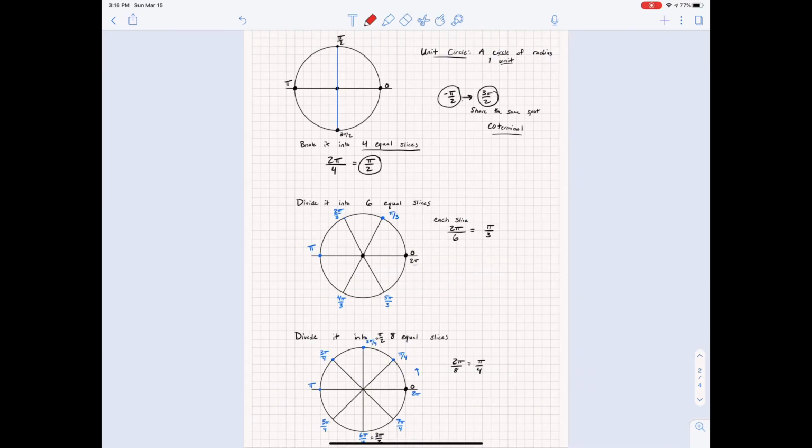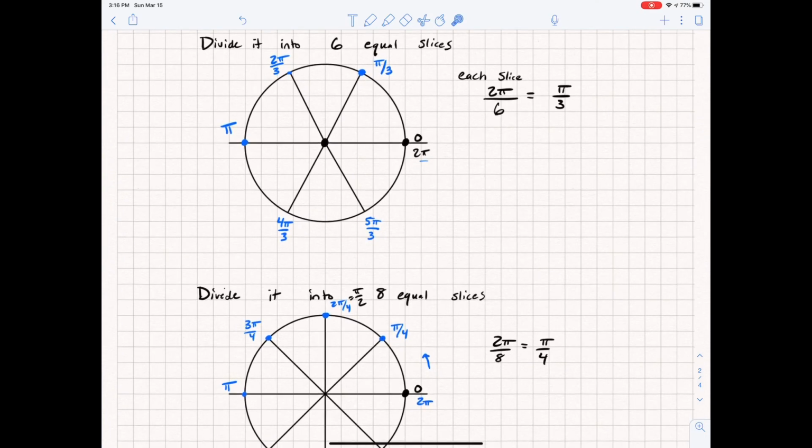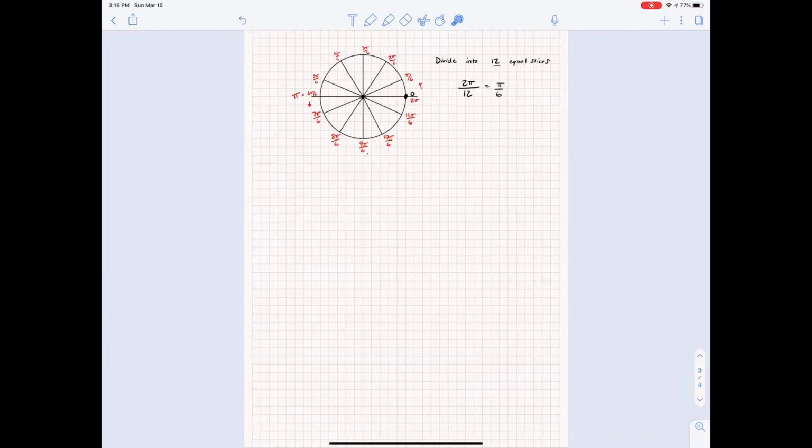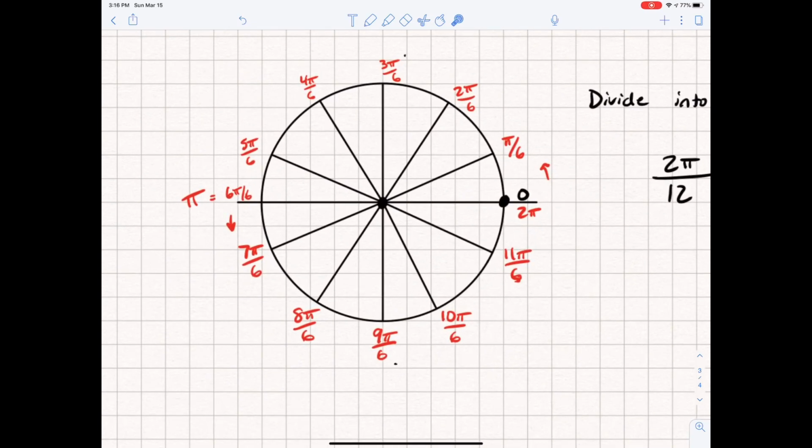And like before, when we looked at the divide by 8 equal slices, there were some angles we could simplify. It's actually the same thing here.